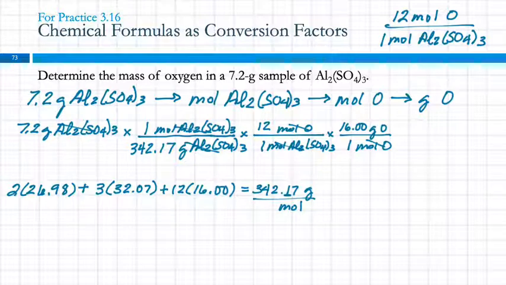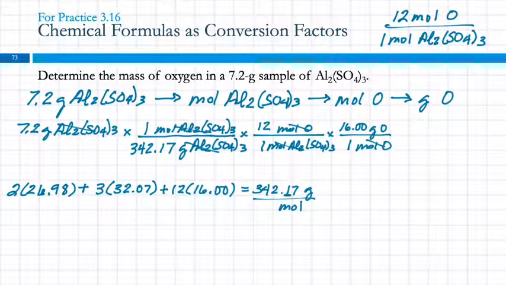Okay? Then I just multiply and divide as I go across. 7.2 divided by 342.17 times 12 times 16. So I made a mistake because I'm getting like 473,000 because I multiplied by 342 instead of dividing.